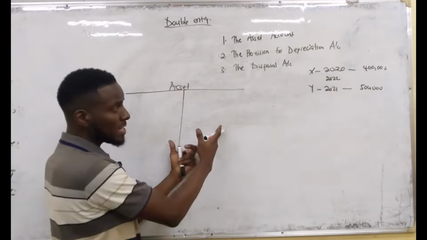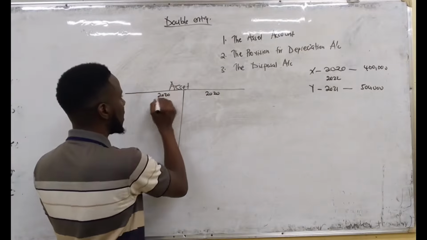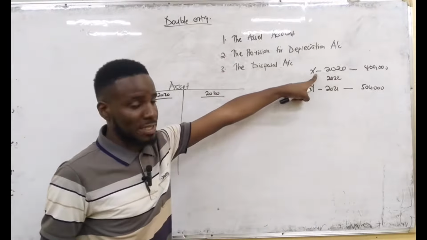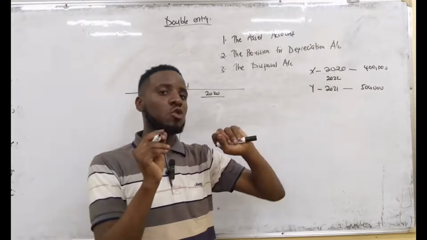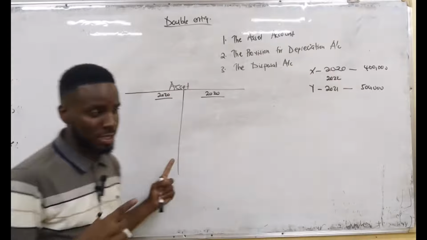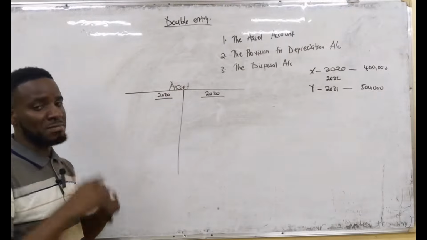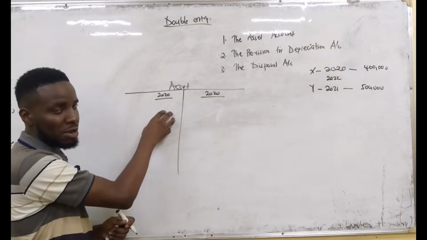When you come to the asset account, you need to show us the year, that is 2020. Now you're going to tell us that this asset was actually purchased. Now remember, when you buy an asset, there are two things that happen. You credit the cash account and then debit the asset account. Now, this time around, we don't need the cash account, but you have to keep it in mind that there is a cash account somewhere else that has to complete the double entry here.